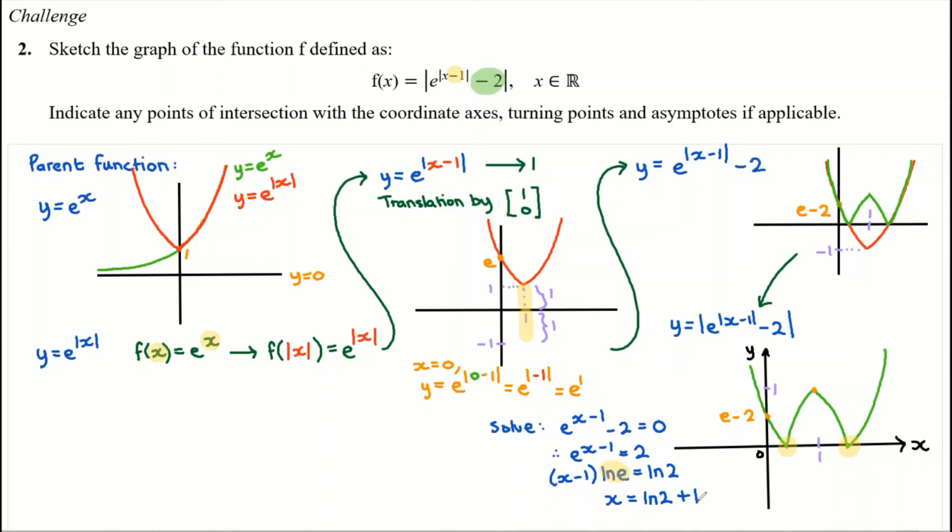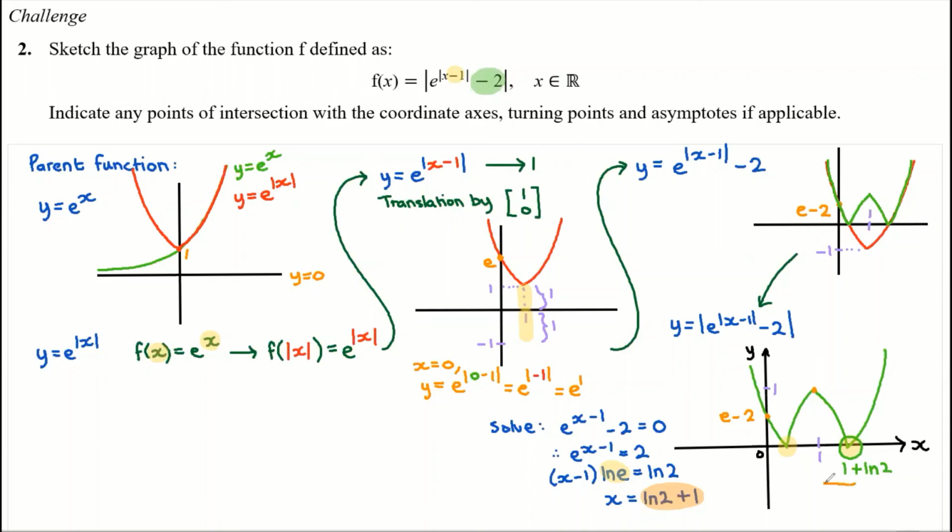So I only have to really look for one of the roots, and then I can use symmetry. So I can see from the diagram here that this point that I've just discovered, as it's log 2 plus 1, means that the point here that I've just highlighted must be log 2 plus 1. In fact, I'll write it as 1 plus log 2. Okay. So that means that the difference between the 1 and the 1 plus log 2 is just log 2.